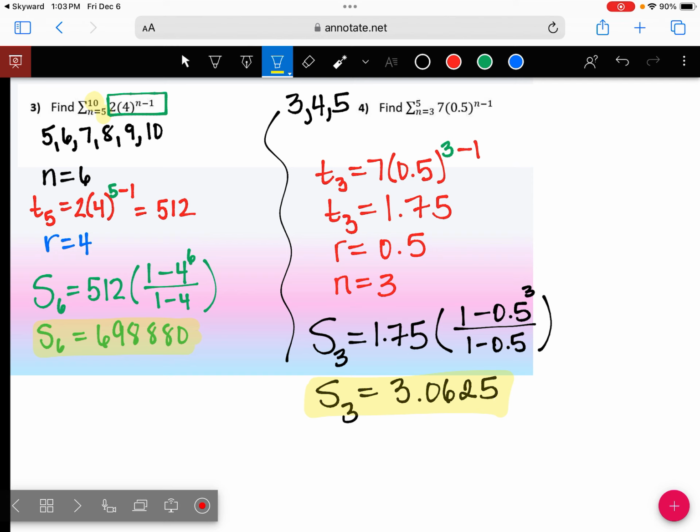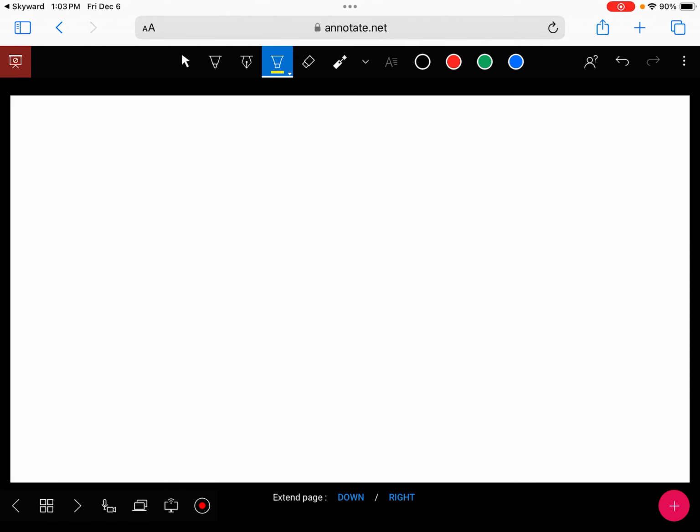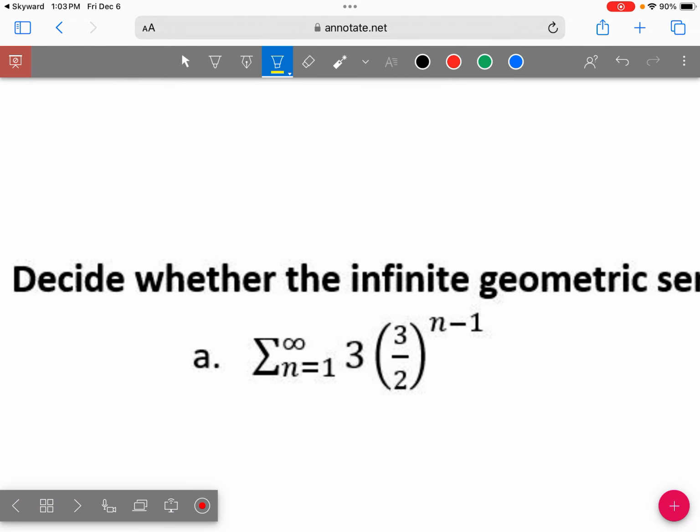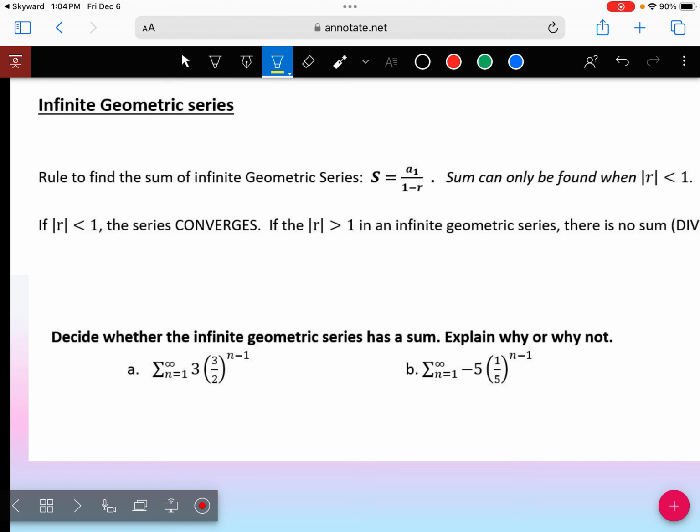Let's go to the back. Now, there are 2 different types of geometric sequences. And notice how here it says the infinity is at the top. What that means is I'm going to start with the first number and add up the first number through the infinite number, which could seem impossible to do.